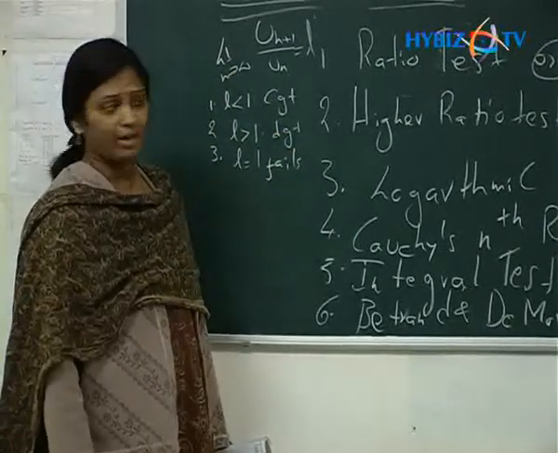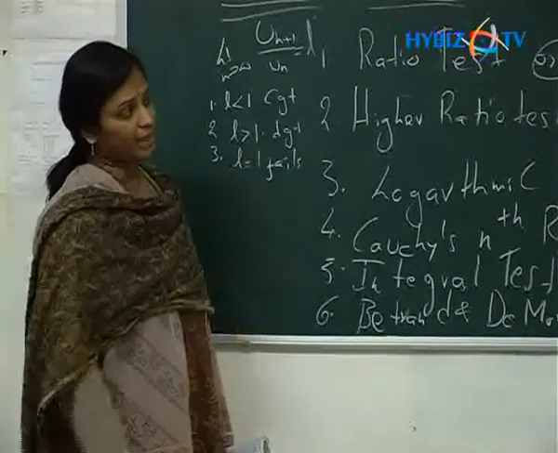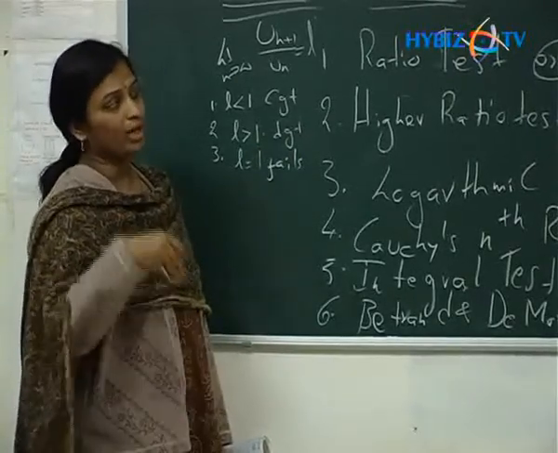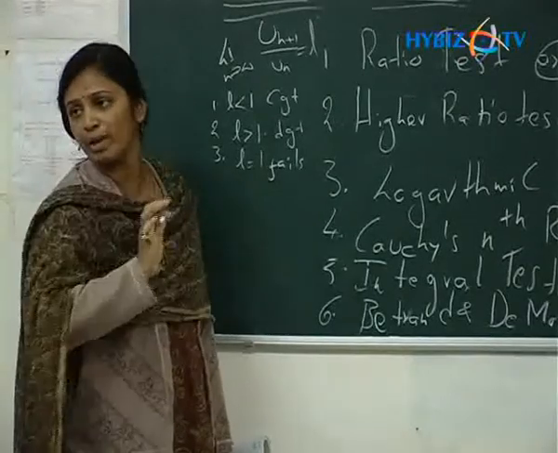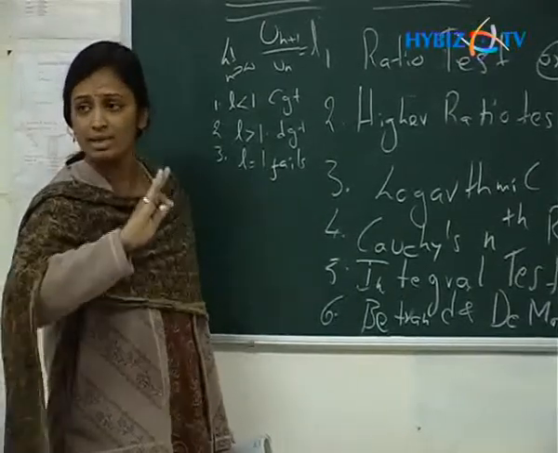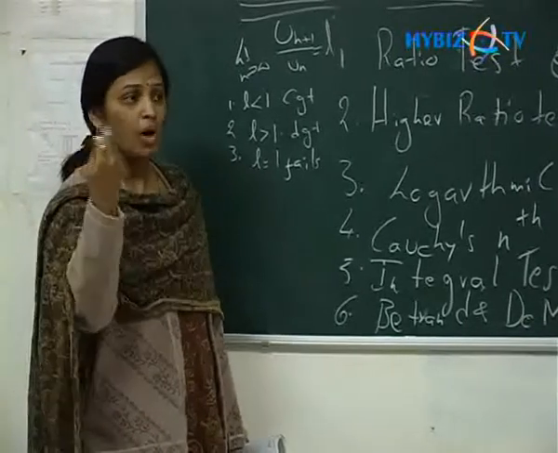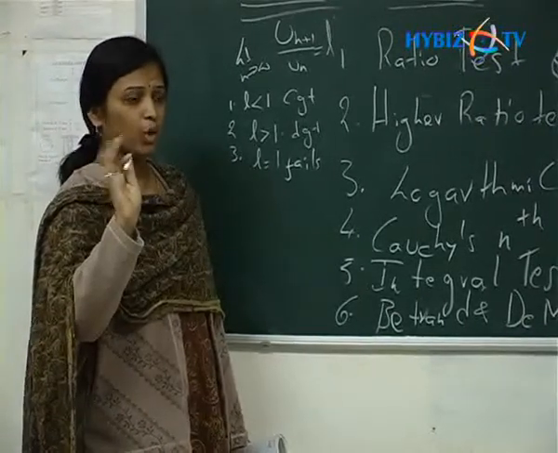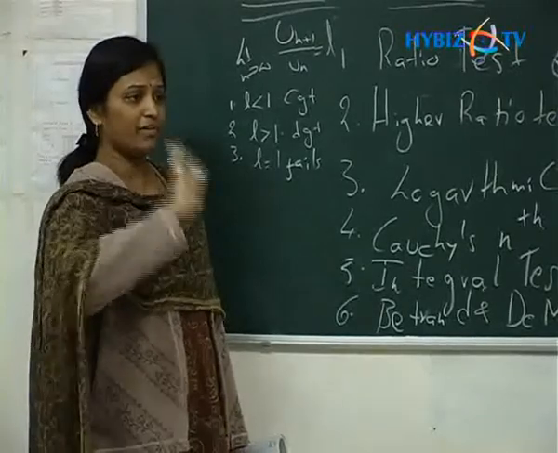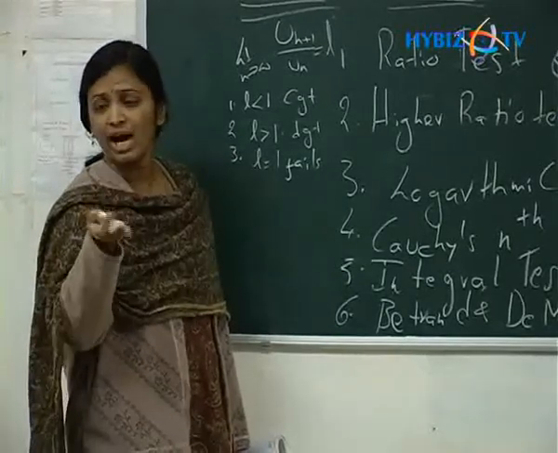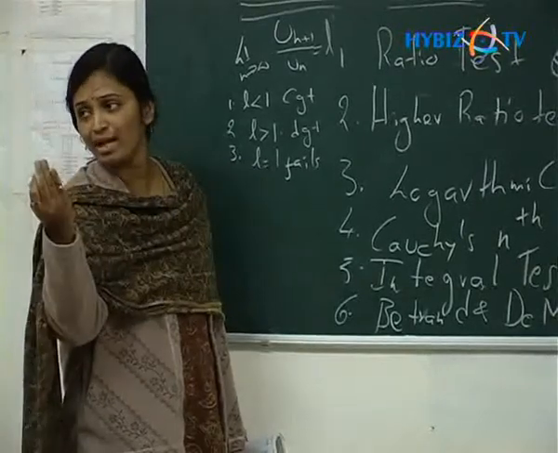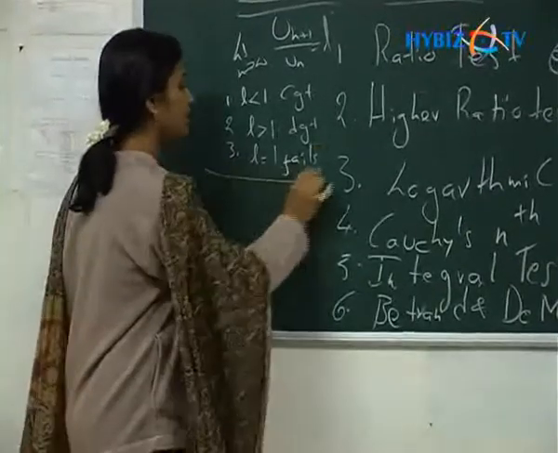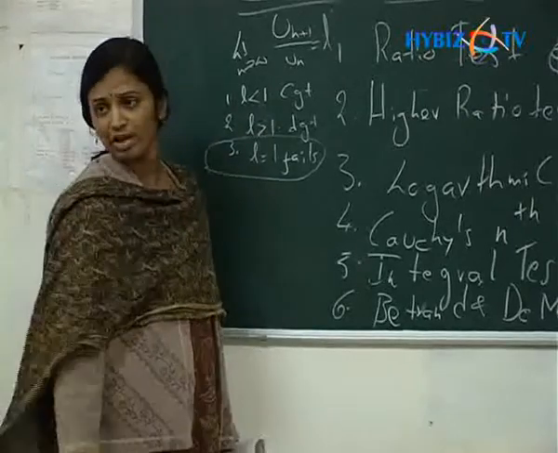In the comparison test, we always assume sigma vn, but here you are getting the result. Other than that, there is no oscillatory part, isn't it? You only have to decide convergent or divergent. Other than these two values, you definitely have to take one more value, that is L equals 1.